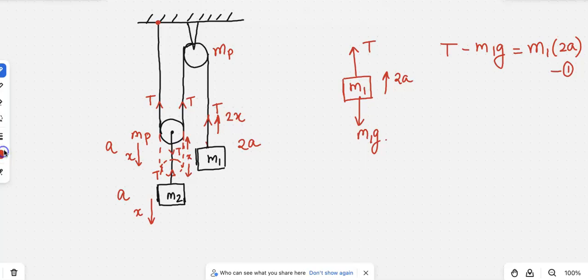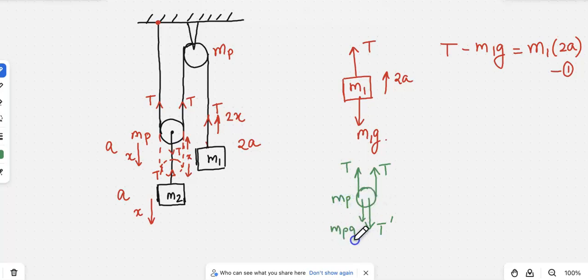Let's do the same for this other mass. Let's take this pulley for that matter. This is a pulley. Upward tension is T. Upward tension is T. Downward tension is T dash. So mass is MP. And of course, mg downward force is also there.